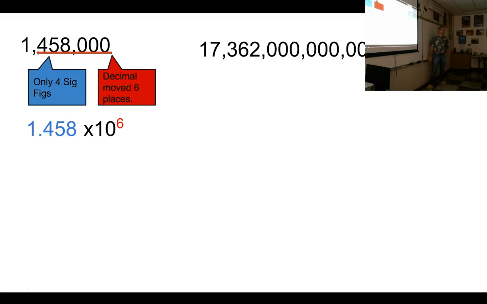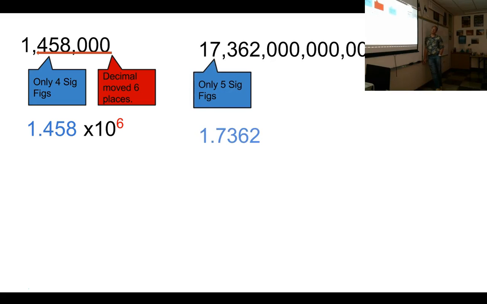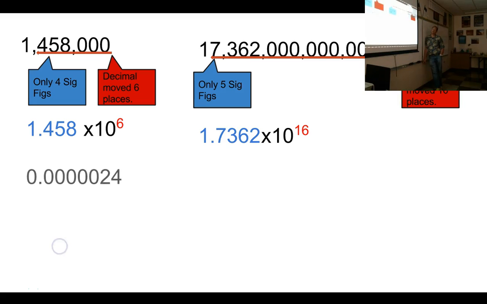What is it? 1.7362 times 10 to the 16th power. 3, 6, 9, 12, 15, 16. That's correct. 5 significant figures, 1.7362. Moved 16 places, so times 10 to the 16. Really good.